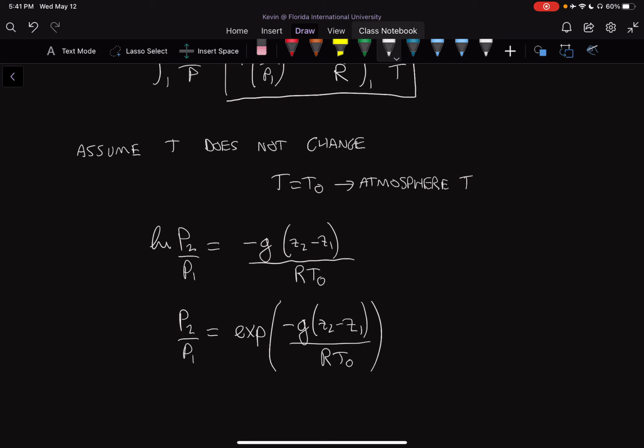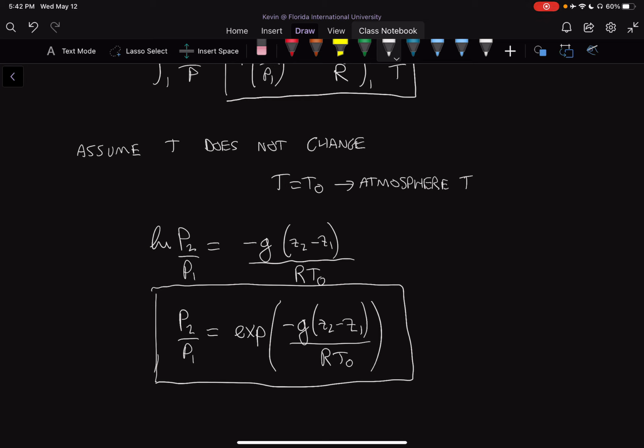This would be the equation that we would use for change in pressure as a function of height in air or in any gas.